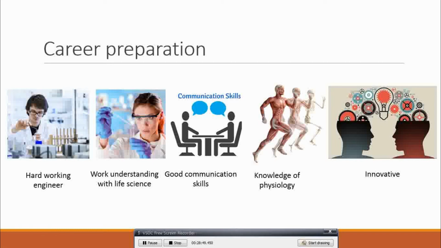So once you are hired, you have to show to the employer that you are the right person they have chosen, because you are willing to work in many situations and conditions without giving much excuses, and then you understand life sciences, good communications, physiology knowledge, and also another important point is being innovative.